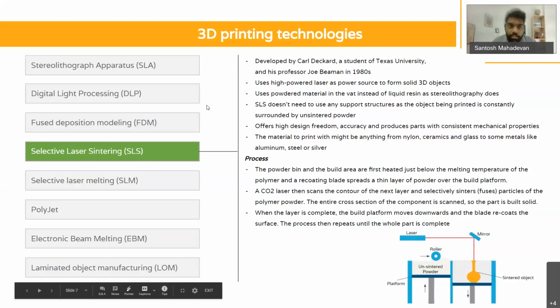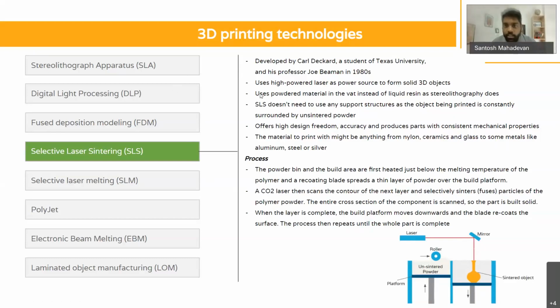As in the previous methods like DLP or SLA, where you have a photopolymer that cures only in those selective spots where the light acts, similarly in the SLS method, wherever the laser touches the powder, those are the parts that get sintered. So one of the greatest advantages of this method is that if you have a part which has an overhang, something like a cantilever, this will not pose a problem.